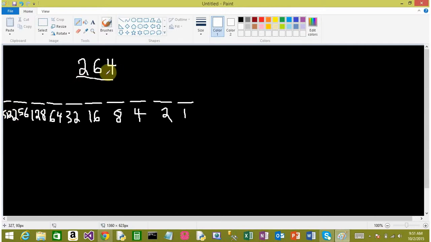So we know that 264 is equal to 256 plus 8. So we know we're going to have a 1 here in the 256th place, and we're also going to have a 1 here with the 8, and then the rest are going to be zeros.